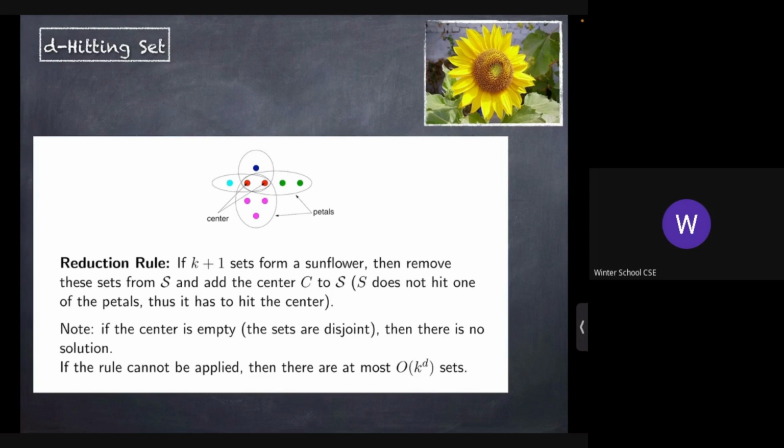I don't have to cover these sets anymore, so I remove them. And if the center is empty, the sets are disjoint, then of course there's no solution, because I have k plus 1 disjoint sets. And if I cannot apply this rule, my claim is that I have at most k to the power d sets.